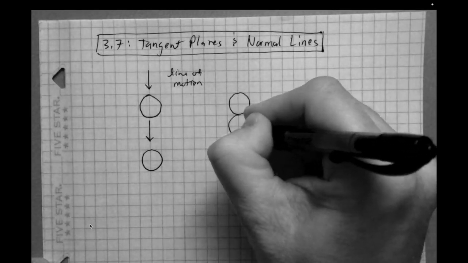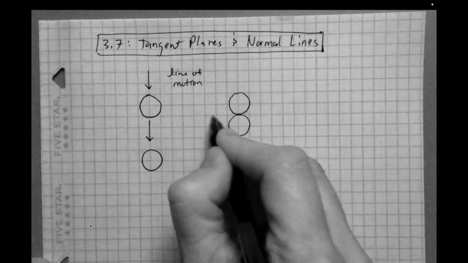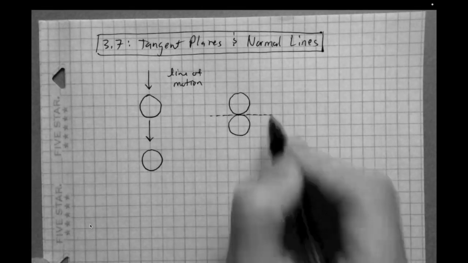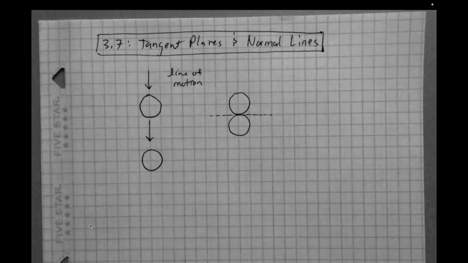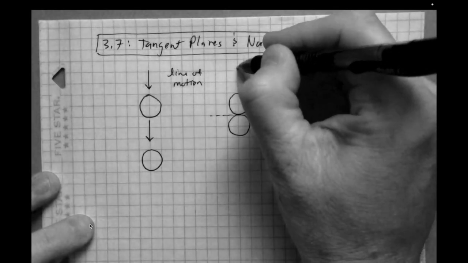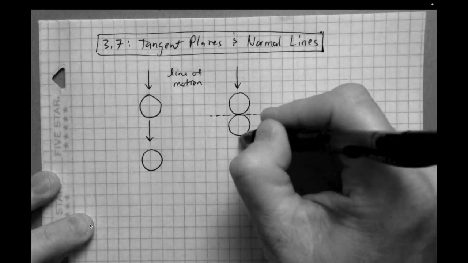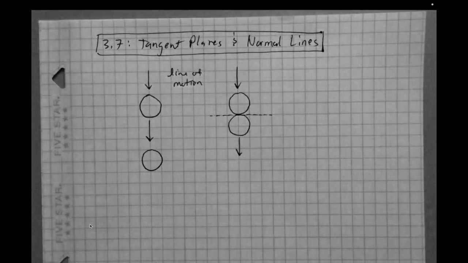the two will collide. And you can imagine this plane between the two right at the point of impact, right? So these two balls will touch, in theory, at a single precise point. And when they impact, there'll be what's called a line of impact. In the case that I've drawn, the line of impact is perfectly in line with the line of motion.